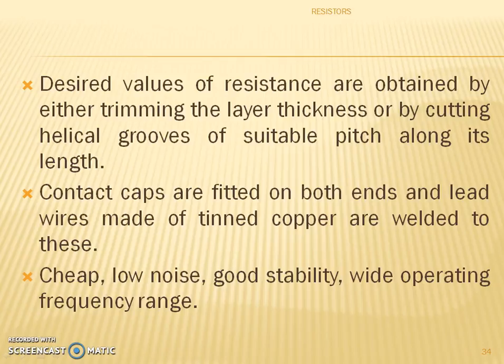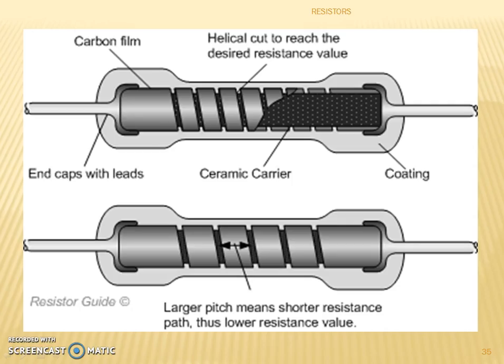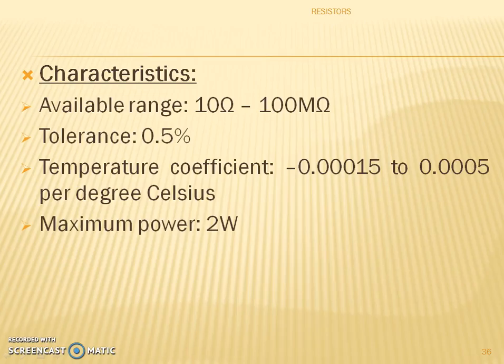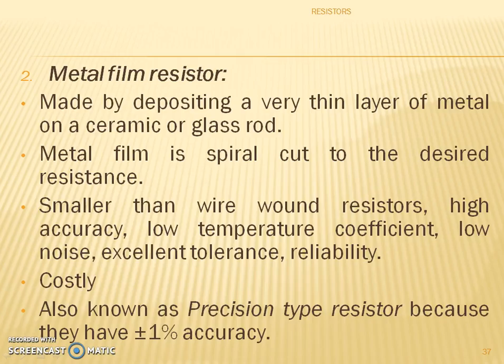The desired values of resistors are obtained by either trimming the layer thickness or by cutting helical grooves of suitable pitch along its length. Contact caps are fitted on both ends and lead wires made of tinned copper are welded to these. Cheap, low noise, good stability, and wide operating frequency range are some of the characteristics. This is a representation and some of the characteristics are given here.